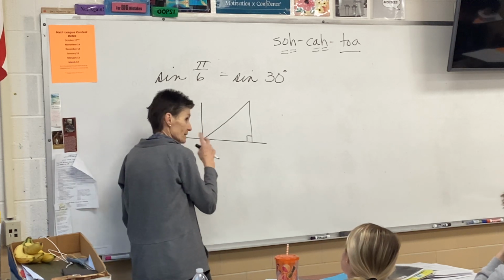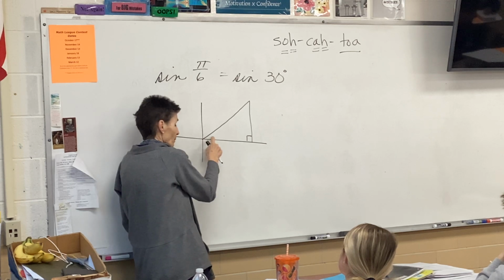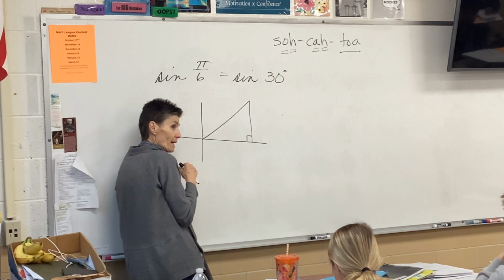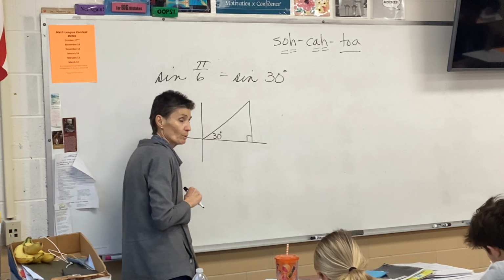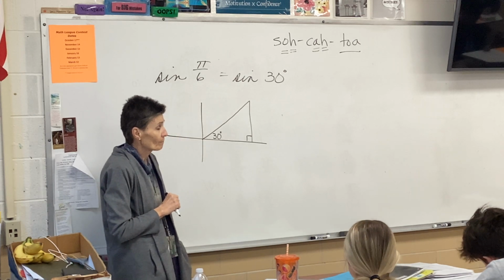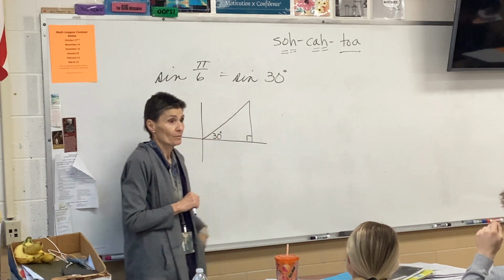In our earlier examples, we didn't know what our angle was, so we called it theta. Well, this time I know my angle. My angle is 30, so I'm going to put it right there at the origin. Whatever my angle is, it goes at the origin.